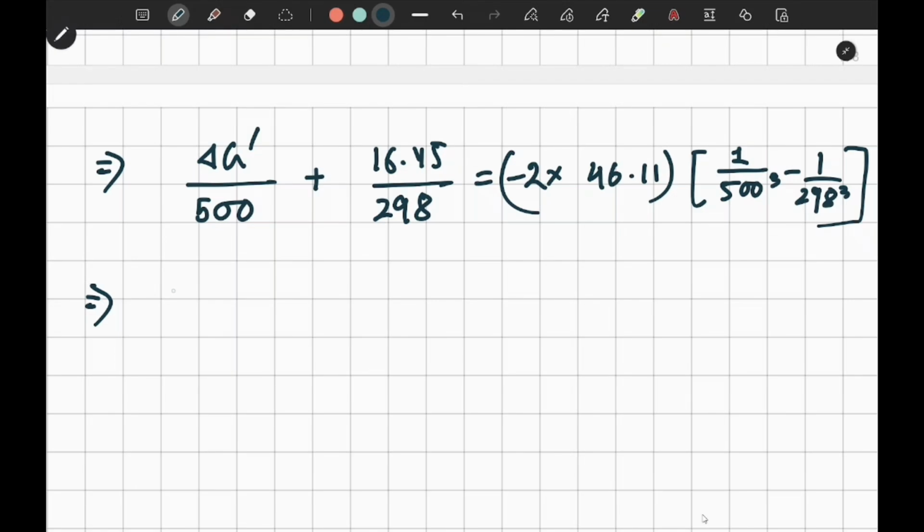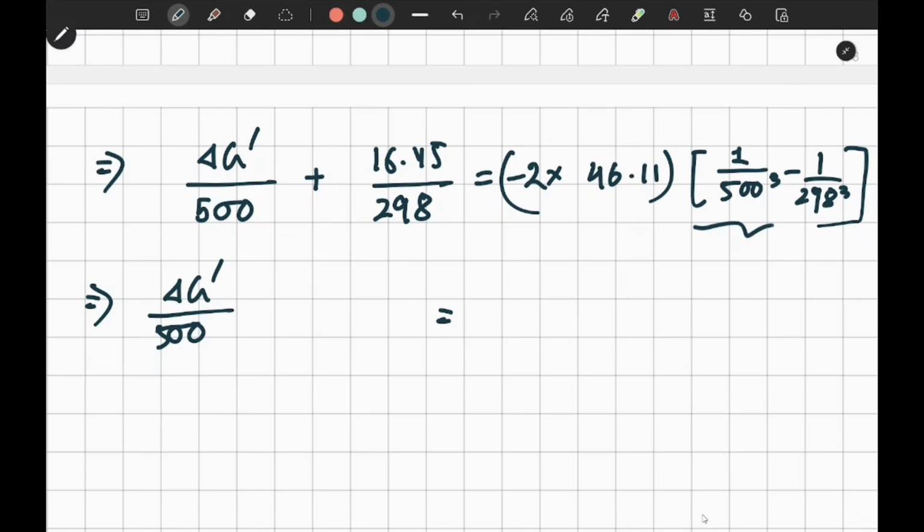Okay, so now this part, 1 by 500 cube. We need a calculator. 1 by 500 cube minus 1 by 298 cube.